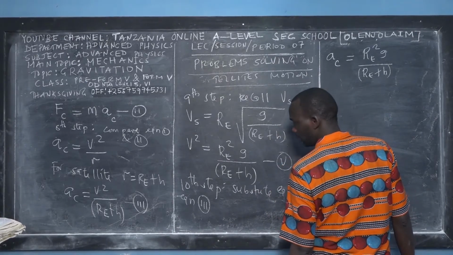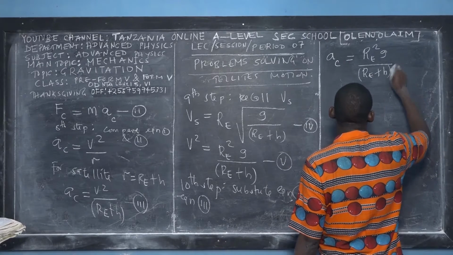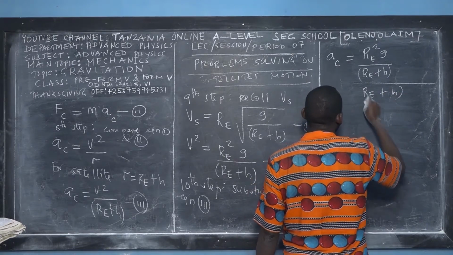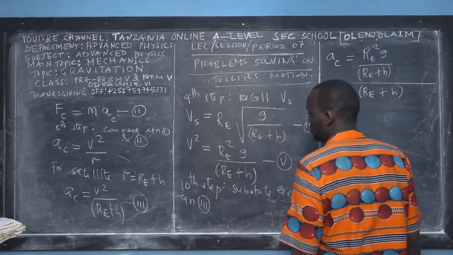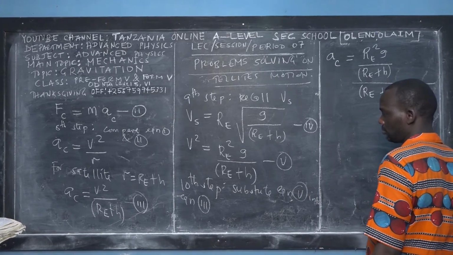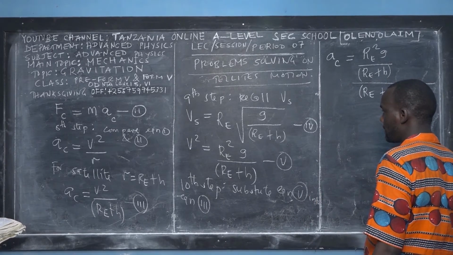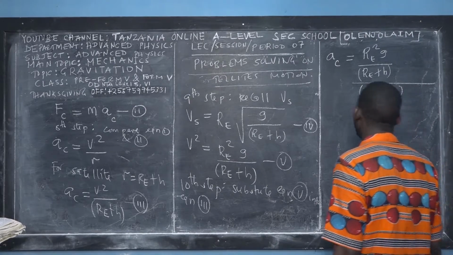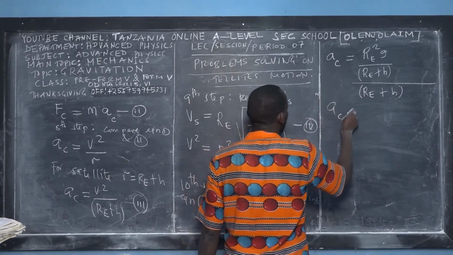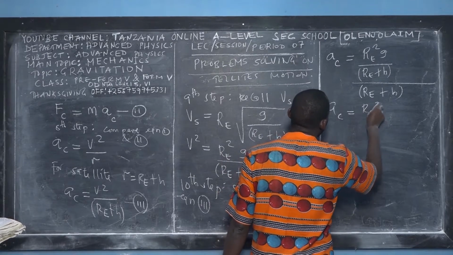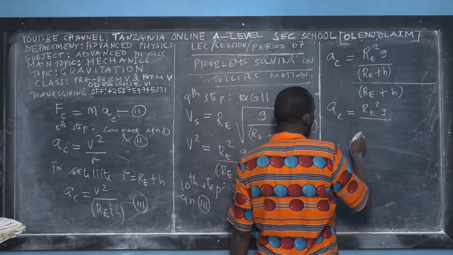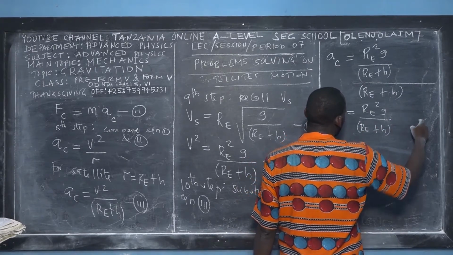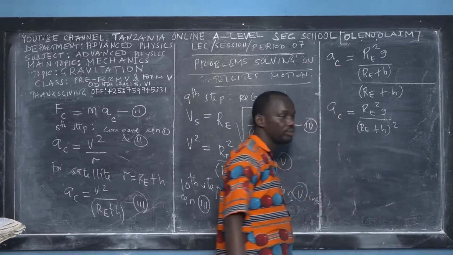So v square divided by radius of the Earth plus h. So the centripetal acceleration is equal to the radius of the Earth squared times g, over radius of the Earth plus h, divided by this over 1, which will be squared if you do that division.